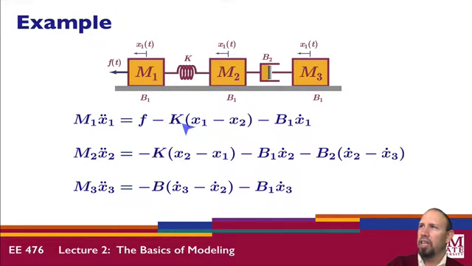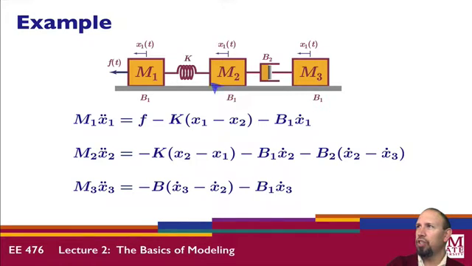On mass 1, I have a spring that acts on both mass 1 and mass 2, but notice that its force is proportional to the stretch of the spring. And then here I have a friction. Notice the friction is only associated with position x1. And then I have similar equations for mass 2 and mass 3.